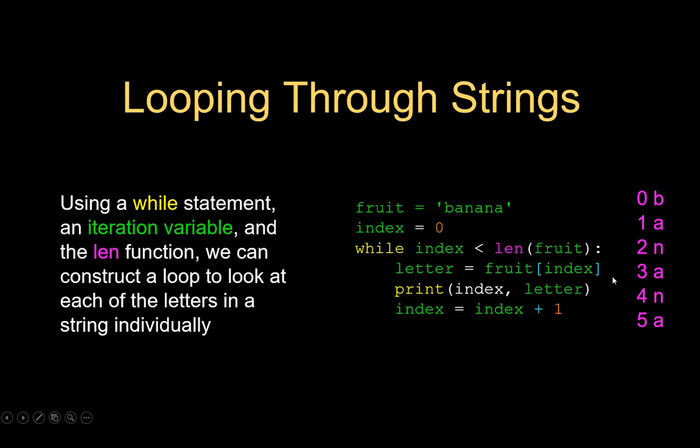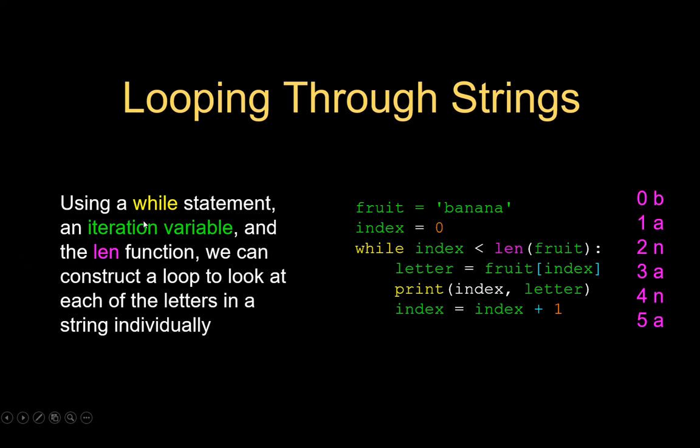So the output is going to be 0B, the next iteration is 1A, the third one is 2N, next is 3A, next is 4N, and the last one is 5A. So this will be the output of this while loop that we made with the help of a string.